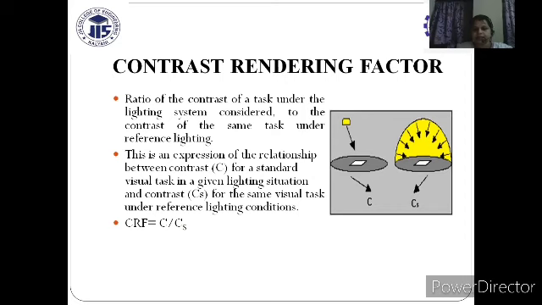On the right side we see an expression of the relationship between contrast C for a standard visual task in a given lighting situation, and contrast CS for the same visual task under reference lighting condition. CRF is denoted as C by CS.